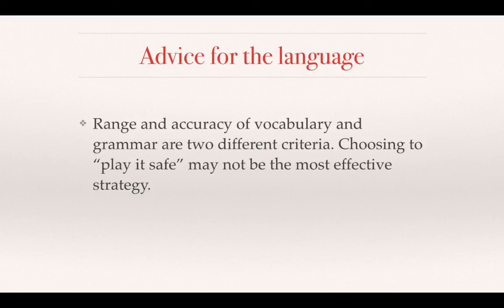If you choose to play it safe, that is, you use simple language that you know you can use accurately, you will get points for accuracy, but not so many for the range. Whereas if you try to use a lot of grammar and make some mistakes, you will get more points for the range and of course some points for the accuracy. So playing it safe may not always be the best strategy.